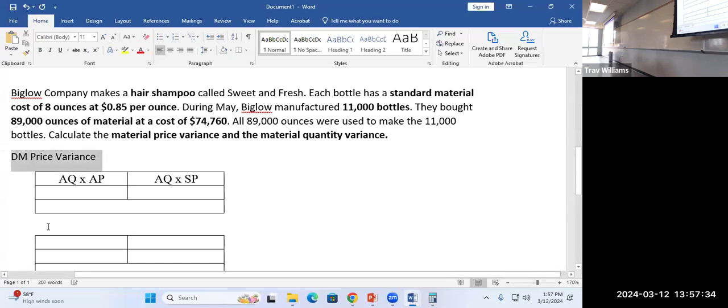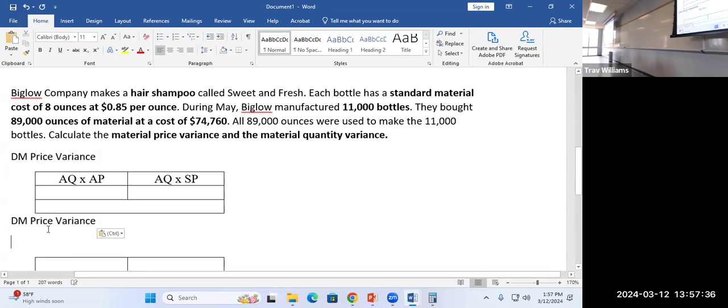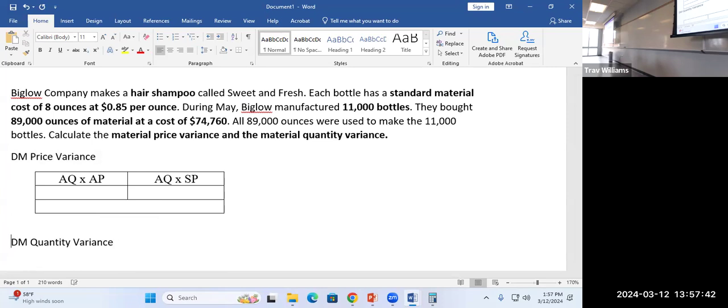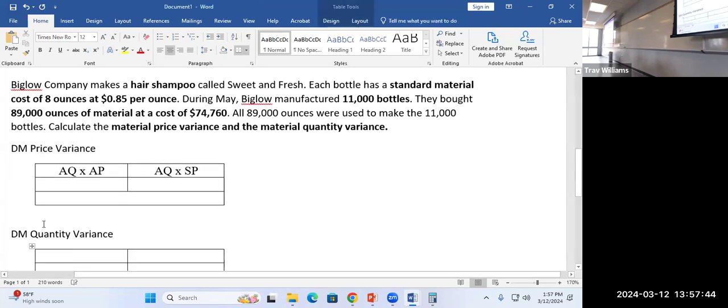And then the next formula is going to be our direct material quantity variance. And that one, again, the left side of this formula is the same as the right side of the price variance formula.